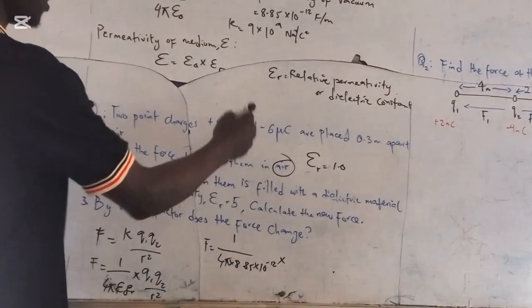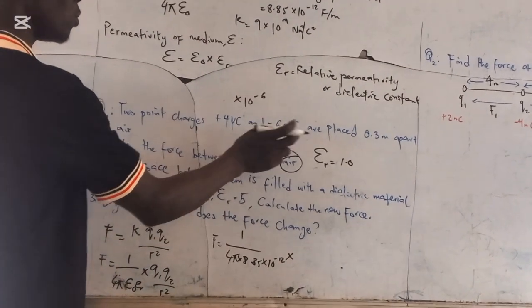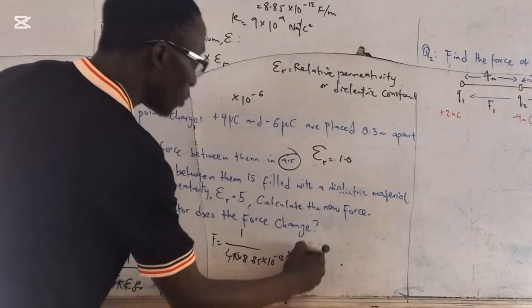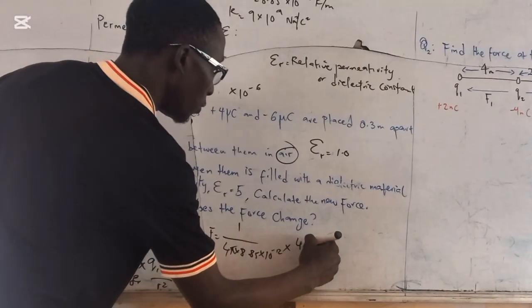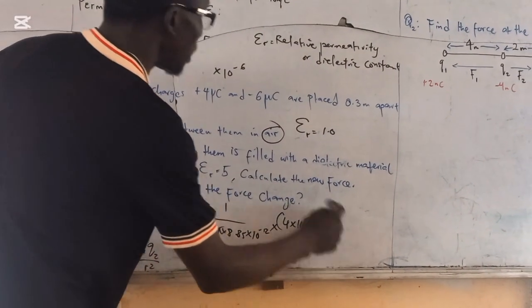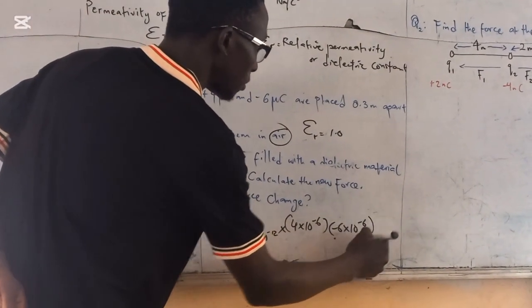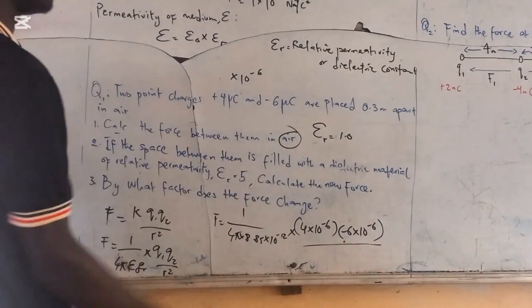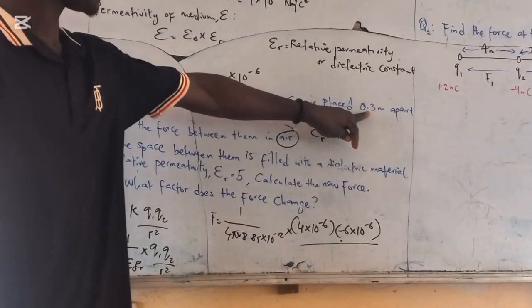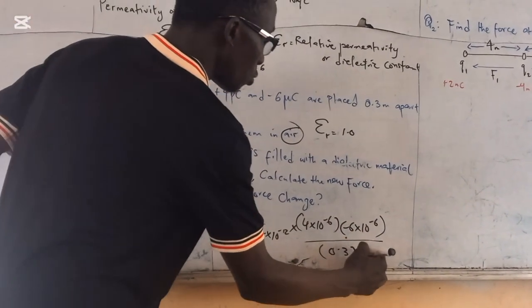Remember, microcoulomb is times 10 raised to the power minus 6. So we multiply 4 times 10 raised to the power minus 6 and minus 6 times 10 raised to the power minus 6, over r squared. Our r is the distance, which is 0.3, so we have 0.3 squared.